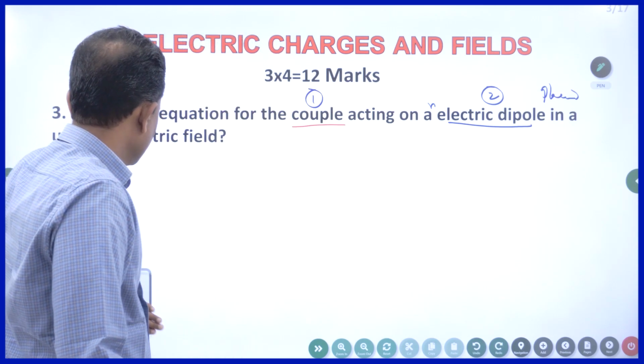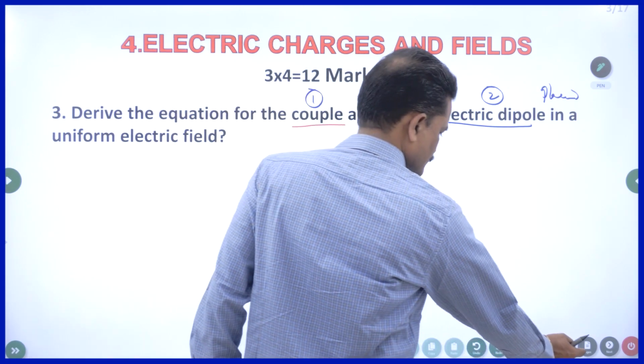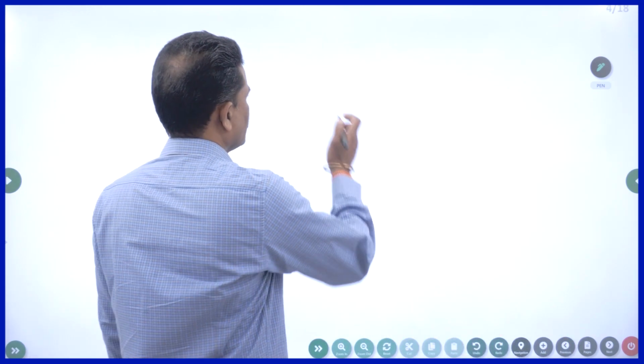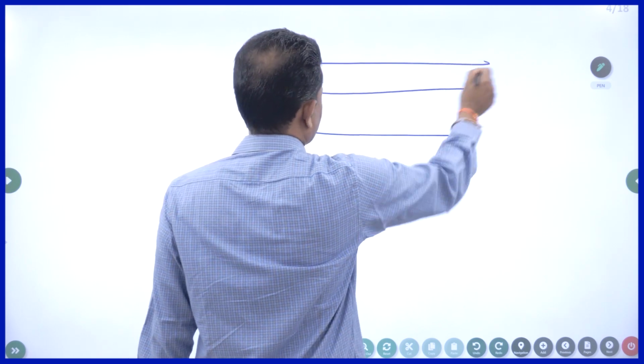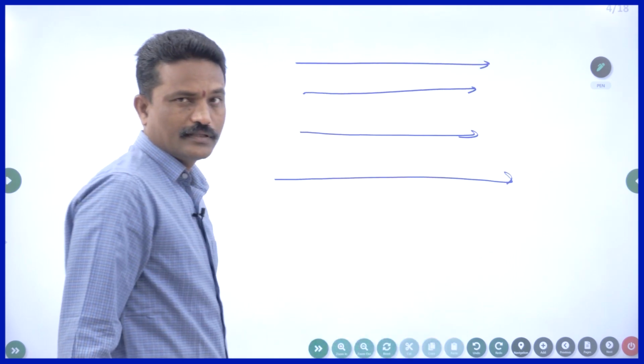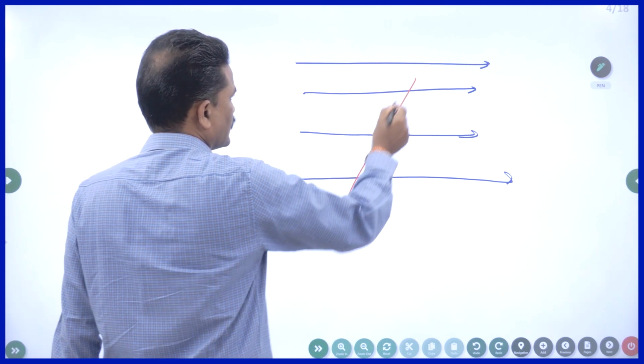Now, I take a uniform electric field. For that purpose, I draw parallel lines. So, these are parallel lines. In this, I place an electric dipole.